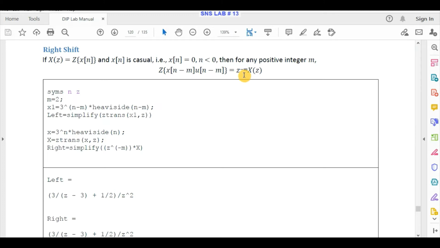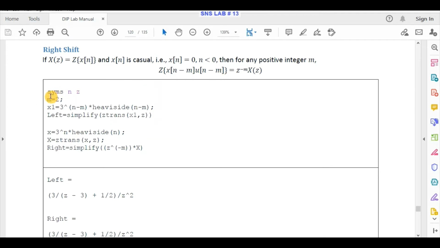So to prove this property, first of all we need to assume a signal and the value of m, which is actually the shift.